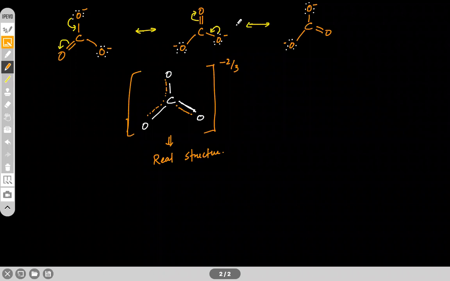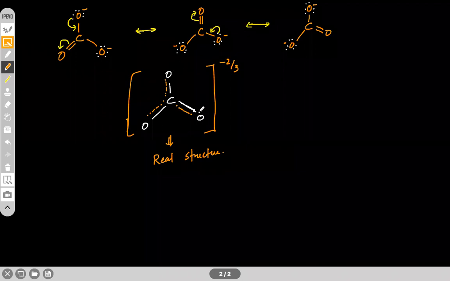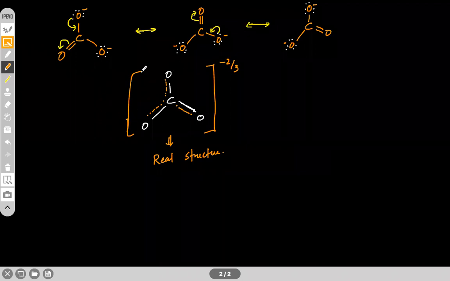So in this case, the stability is the same for the 3 structures of the ion that I have drawn. Hence the total 2 negative charge is equally distributed over the 3 oxygen atoms. So 1 oxygen atom will have a charge of -2/3. You can write it this way, or you can write -2/3 on this oxygen, this oxygen, this oxygen; that is also right.